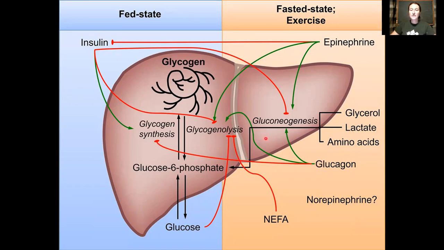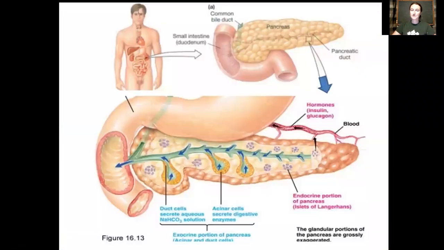Also, glucagon directly leads to glycogenolysis, so taking this storage molecule in the liver and releasing glucose from it. Also, when you are fasted or when you are exercising, you also release a little bit of epinephrine, which also contributes to these processes.